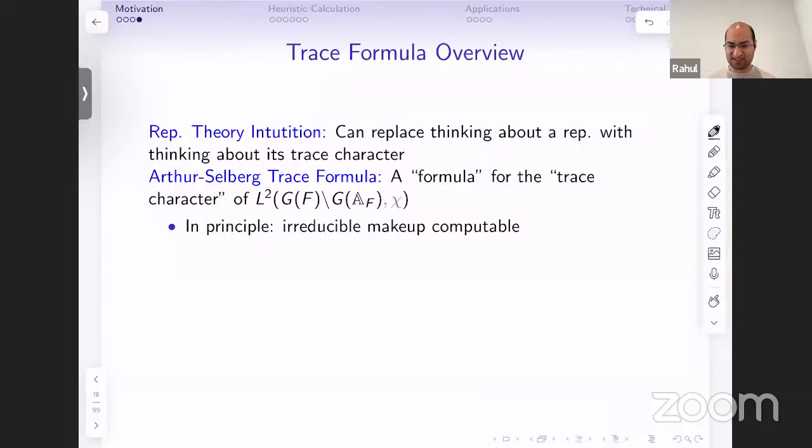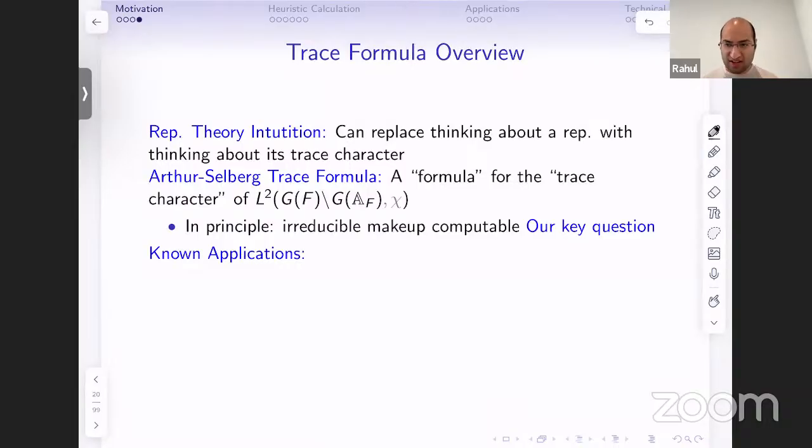Of course, this is not going to work out perfectly in this case, but it's the heuristic motivation for the trace formula. So this irreducible makeup is our key question: which combinations of pi_v are the irreducibles that live inside here.